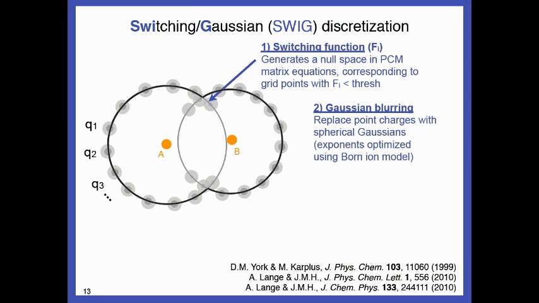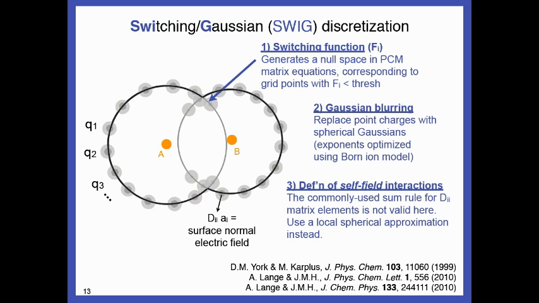The difficulty is that it actually introduces some Coulomb singularities because it allows point charges to get closer together than they ordinarily would have, and so on top of that, we have to add a Gaussian blurring of the point charges, which I've tried to indicate with these gray circles. Then there's some other technical things dealing with the diagonal elements of this D matrix that I don't think I want to go into.